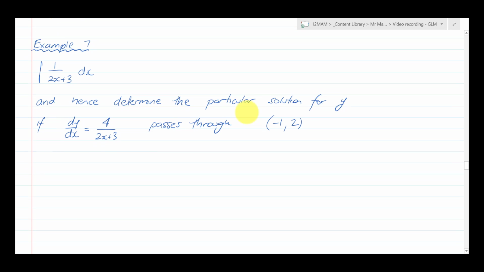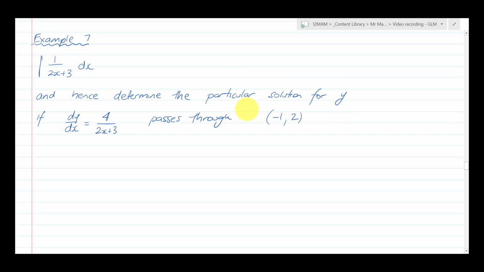Example 7. Part a: find the integral of 1 over 2x plus 3 dx, and hence determine a particular solution for y if dy/dx equals 4 over 2x plus 3.